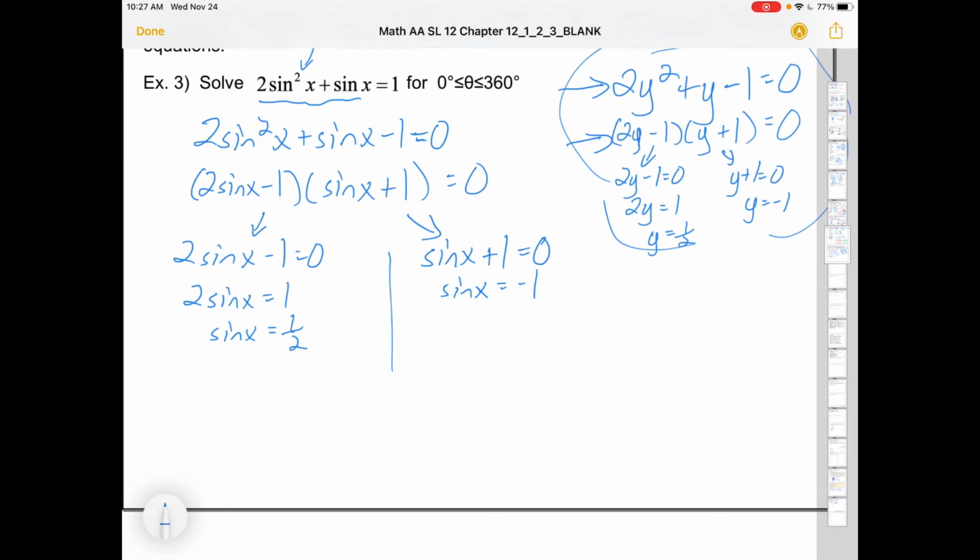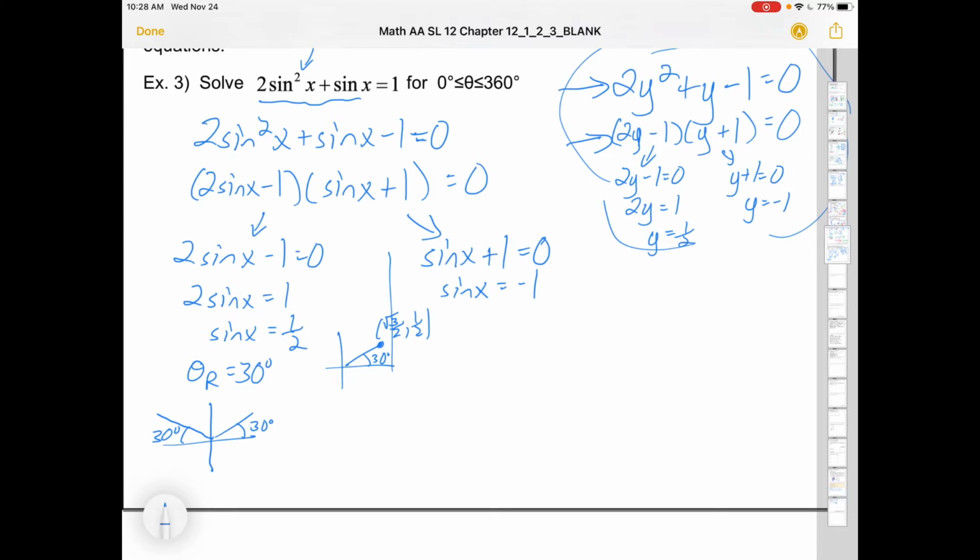At this point, on this first one, I'm going to have to find a reference angle. Probably need my unit quarter circle. There's going to be a point right here, root 3 over 2, 1/2 at 30 degrees. We are doing this in degrees, so the reference angle is going to be 30. Sine is positive, so I could be in either of the first two quadrants. There's no funny business with either the angle, which is still just x, or with the domain.